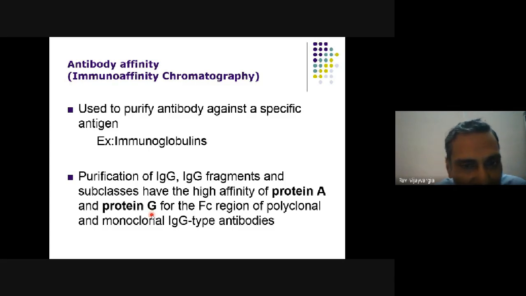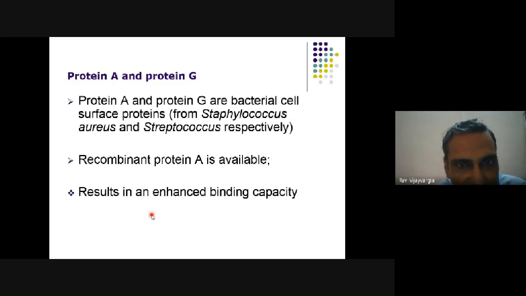Those antibodies will bind to protein A or protein G, and after washing the column, you can change the pH. By changing pH, the affinity is reduced and the antibodies can be eluted out of the column. As I said, protein A and protein G are bacterial surface proteins from Staphylococcus aureus and Streptococcus bacteria, and they are extensively used for purification of immunoglobulins.